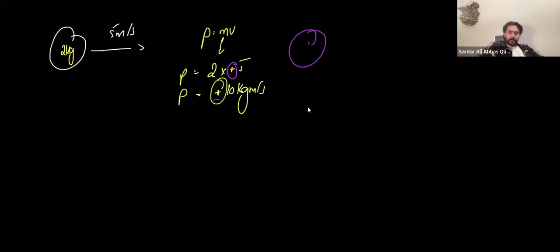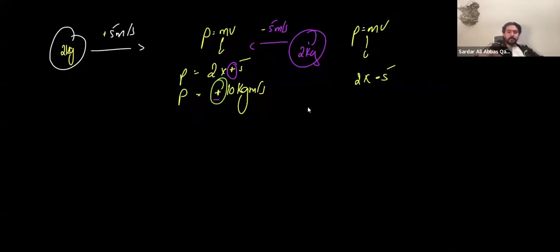Now, another question: if an object of 2 kg is traveling towards the left with the same speed, 5 meters per second, what's going to be its momentum? 2 into positive or negative 5? Omar, wrong. Negative 5. Always remember, they never add the positive or negative signs. We do this on our own just to differentiate between the directions.